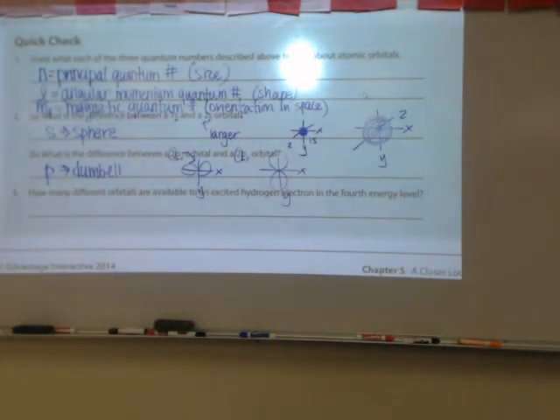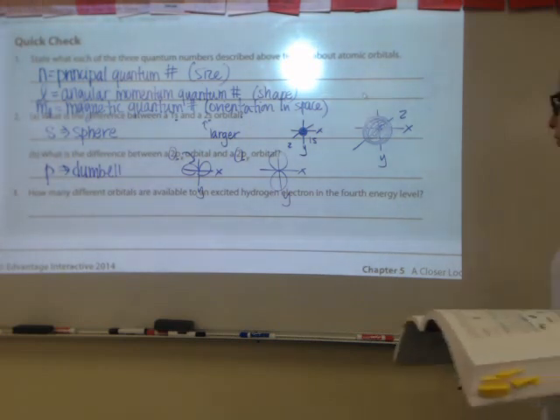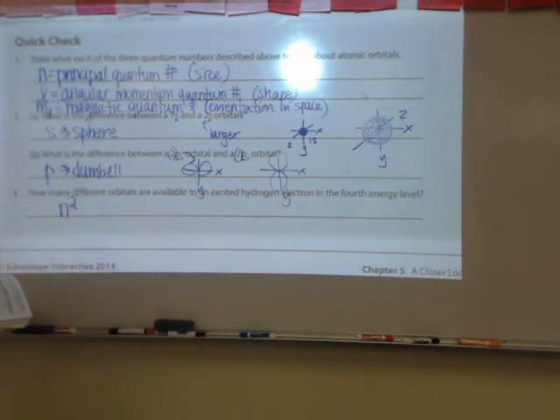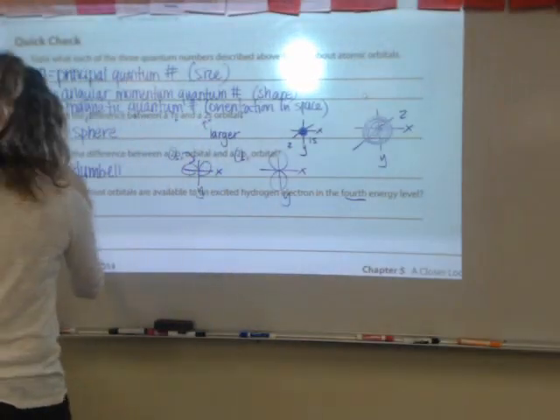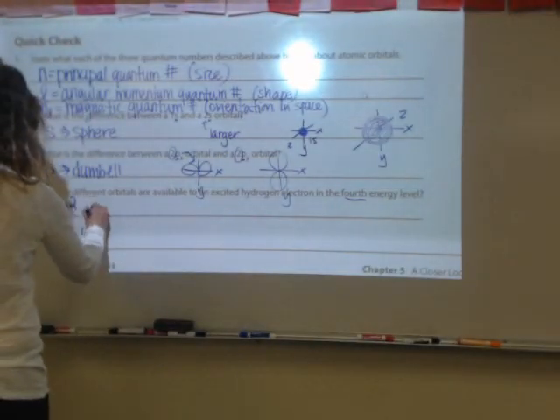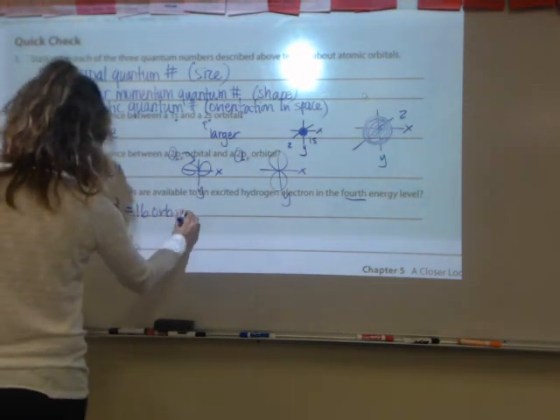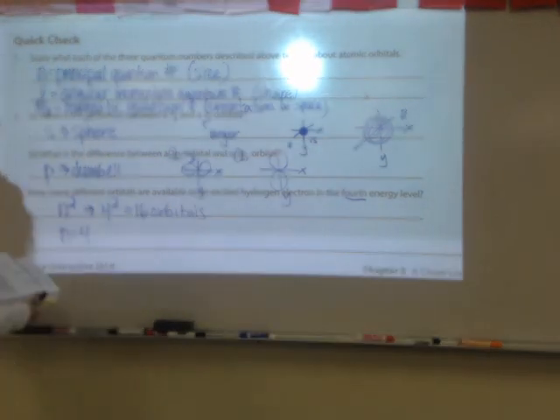Number 3, how many different orbitals are available to an excited hydrogen electron in the 4th energy level? Okay, so n squared is going to tell you how many orbitals you have. Since we're in the 4th energy level, n equals 4, that means this is 4 squared, so there are 16 orbitals total available.